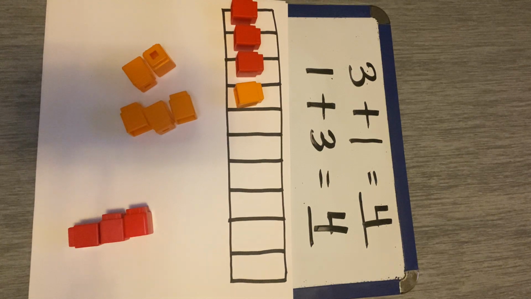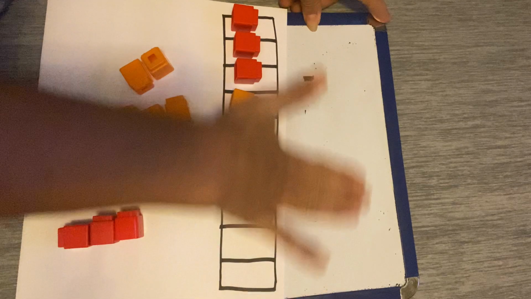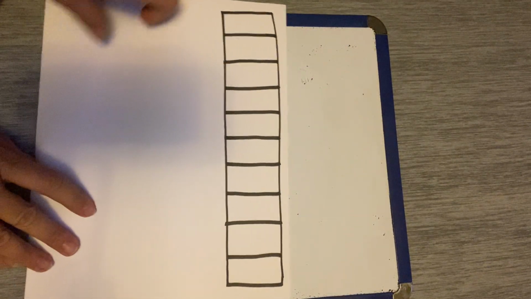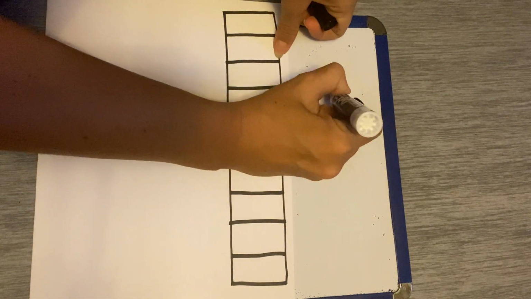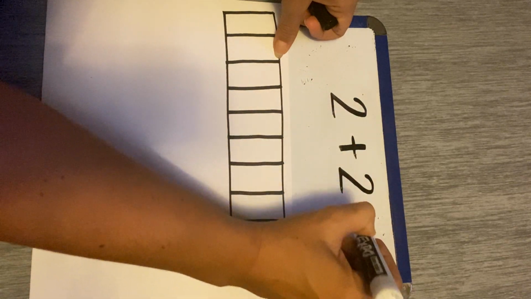Okay? Now, I'm going to show you something else. Because sometimes what I'm about to show you can get a little bit tricky, but once you see it, you'll know. All right, let's write the problem. 2 plus 2 equals 4.